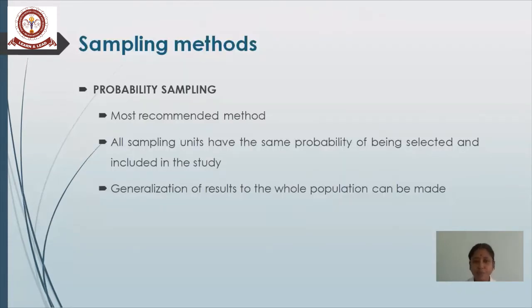Next is probability sampling. First we have seen non-probability sampling and now we will be seeing probability sampling. That means random selection of sampling units. It is the most recommended method, and all the sampling units have the same probability of being selected and included in the study. Here, generalization of results to the whole population can be made.